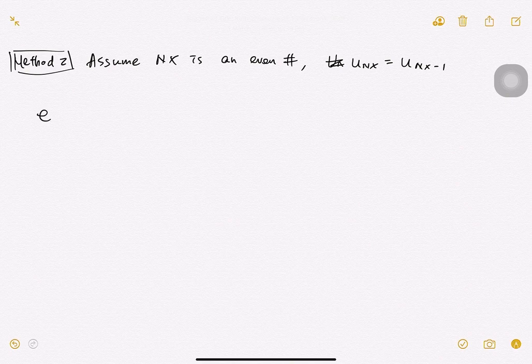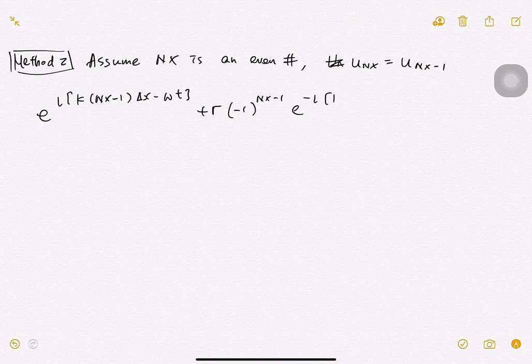Then we can do the calculation: e^(-iota k (Nx-1) delta x - omega t) + R e^(iota k (Nx-1) delta x + omega t).